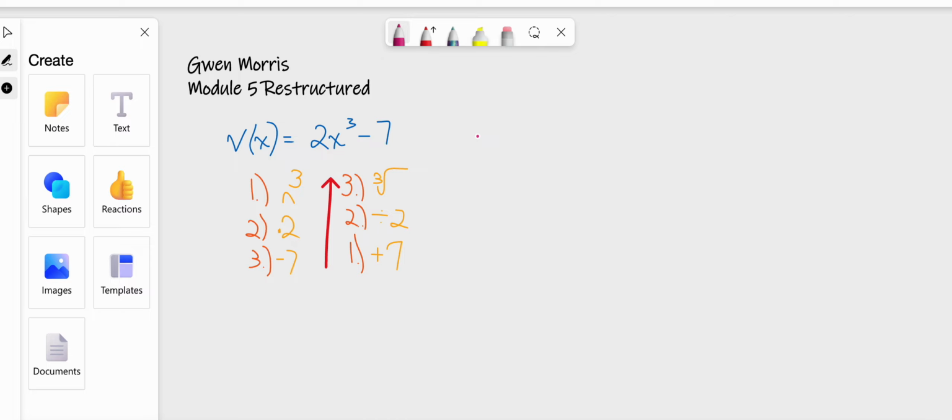Now let's create the new function. I'll do it in a different color here. So my z of x is the inverse that I'm creating now. The inverse, when composed within each other: if I did v of z of x, it should come out to just x, and vice versa if I did z of v of x. The first thing to be done is the x plus 7, since 7 is the one we're starting with at the bottom.